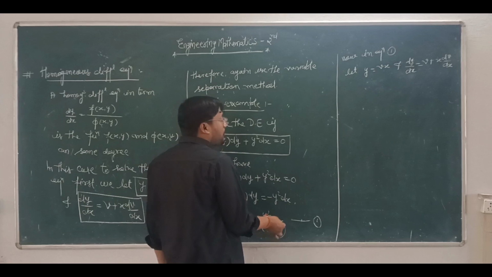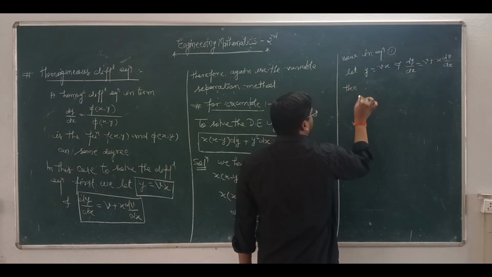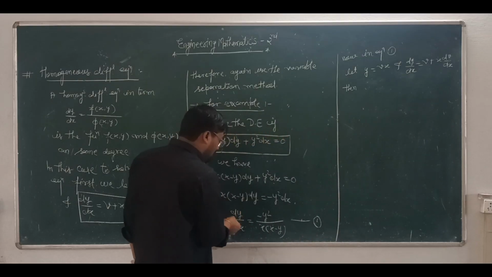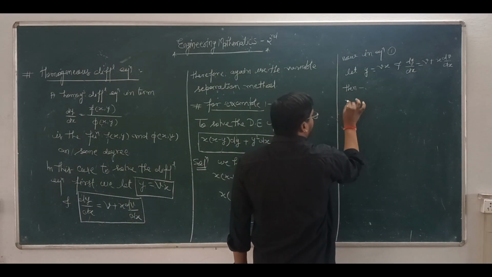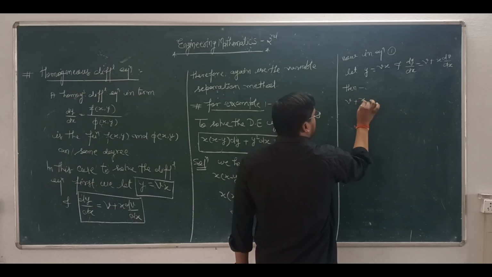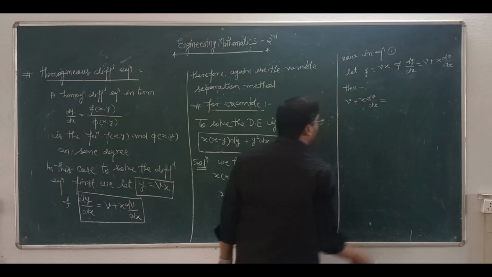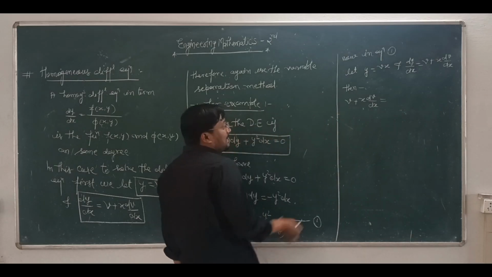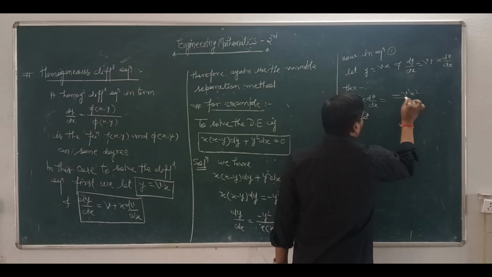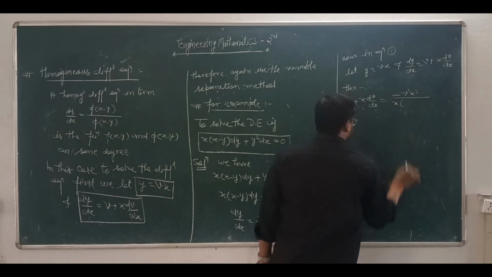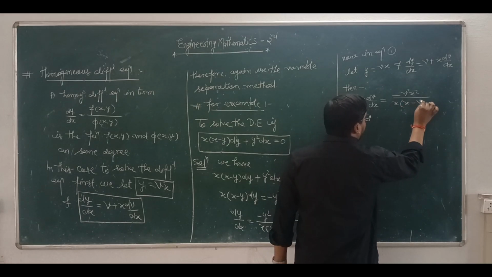Now put this in equation one: v plus x dv upon dx is equal to, putting the value of y, minus v square x square upon x minus y, which means x minus vx.